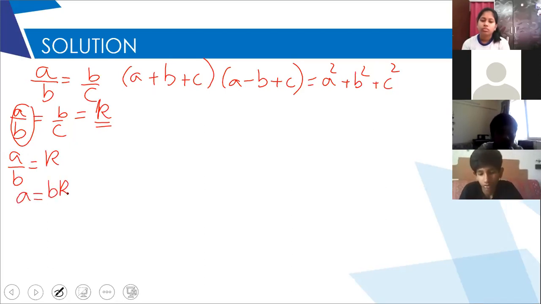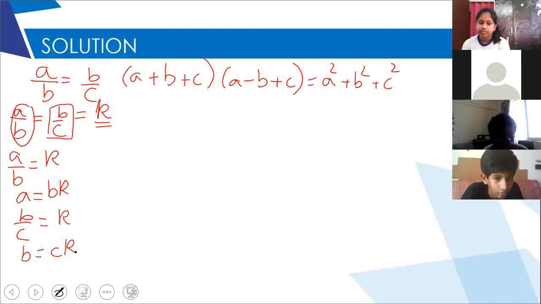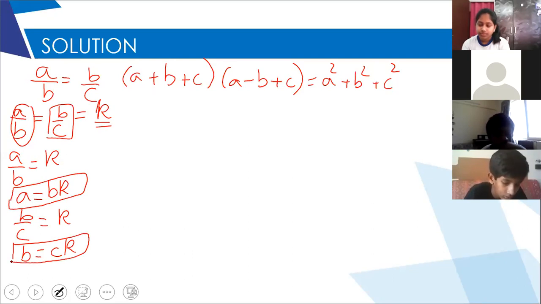Then I will equate the second with K. So B upon C is equal to K again. So B is equal to CK. So you have got A is multiplication of B and K, B is multiplication of C and K.